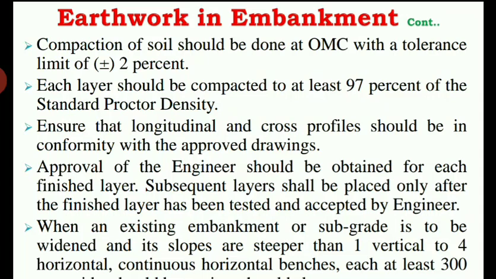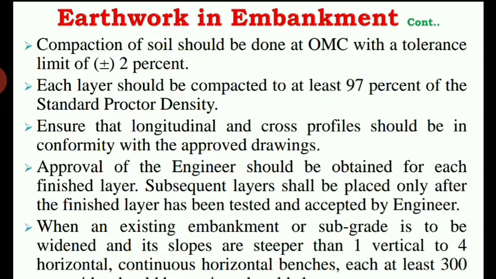To achieve the maximum dry density, the amount of compaction as well as the water content are much required parameters, right? So the compaction of the soil should be done at the optimum moisture content. Just by adding the optimum moisture content, we can achieve the maximum dry density, right?